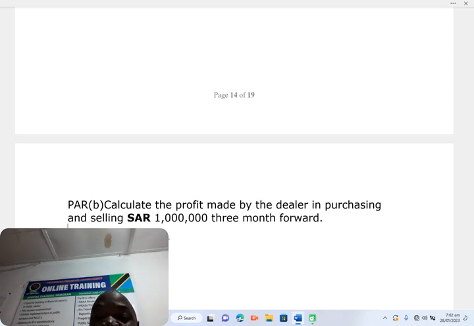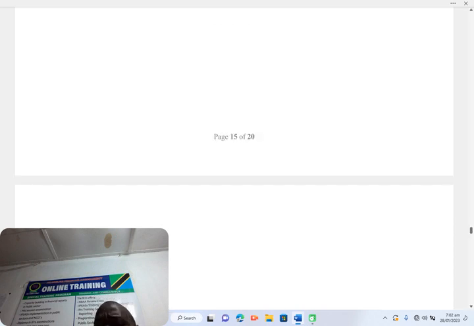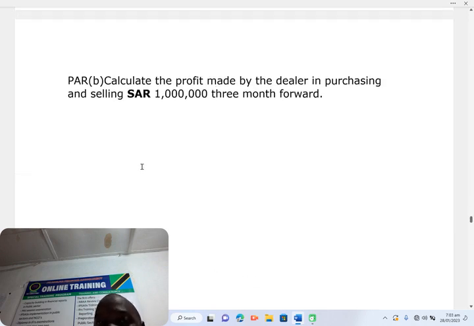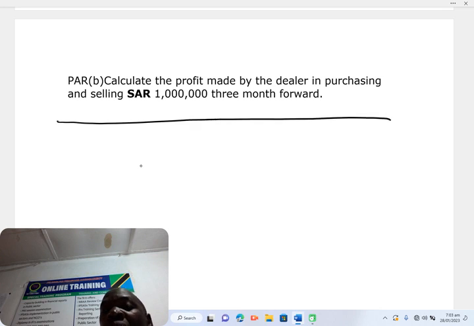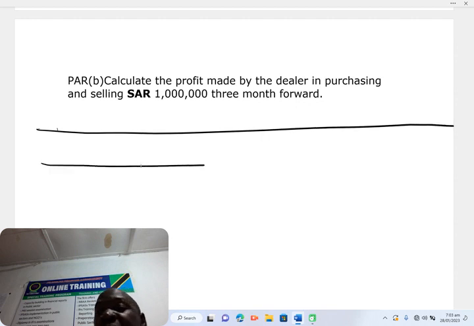So what are the issues here? Number one, you must understand this market is a forward market. So he's trading on the forward market. The first step is to create an environment of a quotation in the forward market. Am I clear?